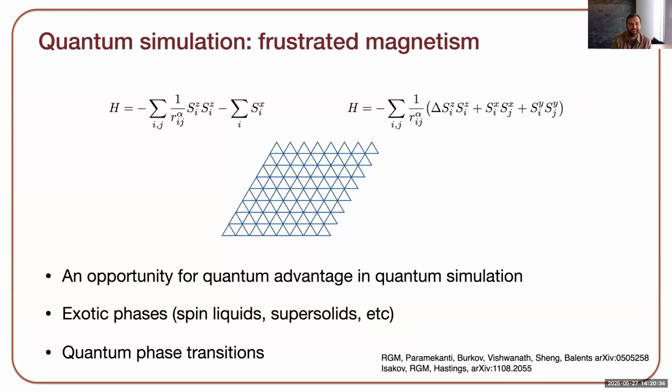I really got into ion traps because of these Hamiltonians. This is a transverse field Ising model and what we call an XXZ model, spin 1/2 models. As Wojtek mentioned, I'm a condensed matter theorist who studied frustrated magnetism in these models. I'm a quantum Monte Carlo practitioner by training, so I became very familiar with the sign problem.